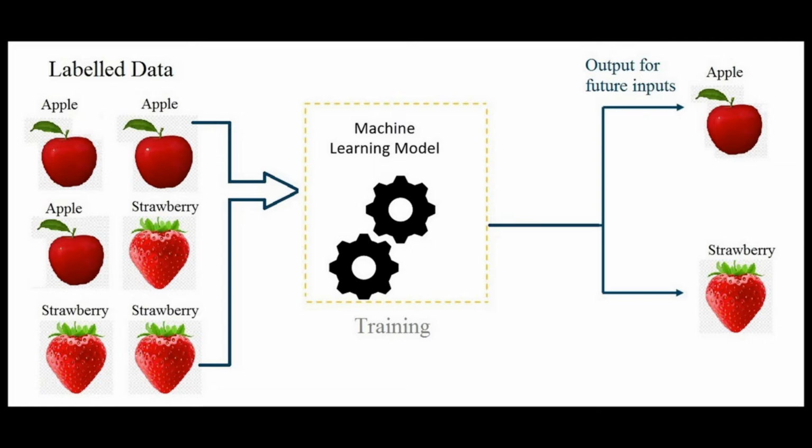And then we feed that labeled data into a machine learning model. The model trains on the labeled data, and then whenever we input some new images of apples or strawberries, it's able to classify them as either apples or strawberries. And in this case, for the machine learning model, we will be using logistic regression.